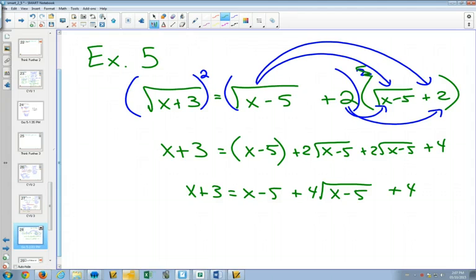I'm going to subtract x on both sides, add 5 to both sides, and subtract 4 on both sides. That way, on my right side, I'm just left with 4 root x minus 5. On my left side, x minus x will go away. 3 plus 5 is 8, minus 4 is 4.